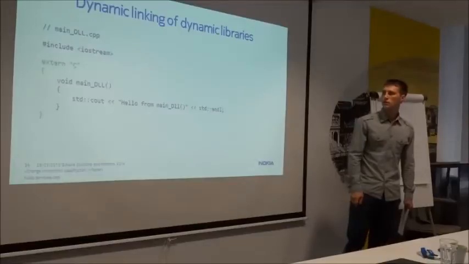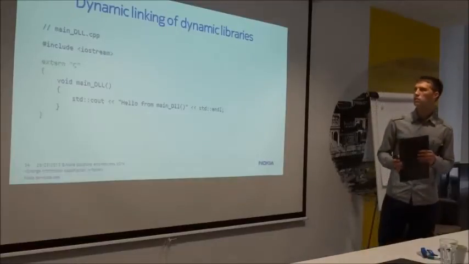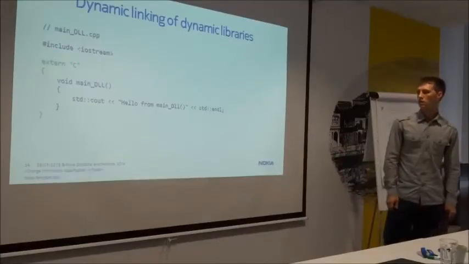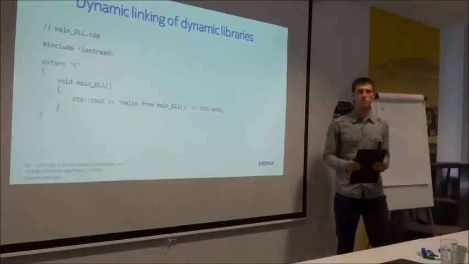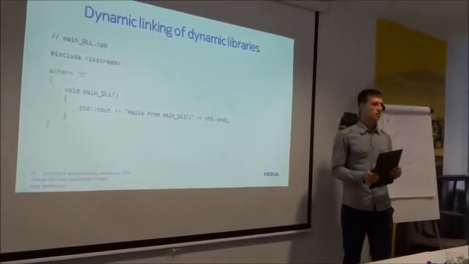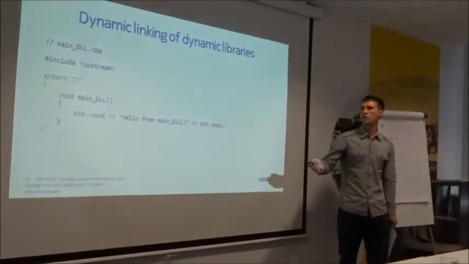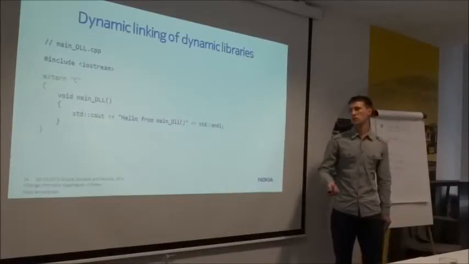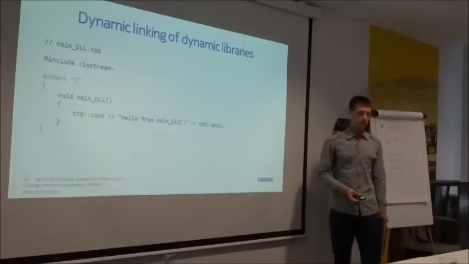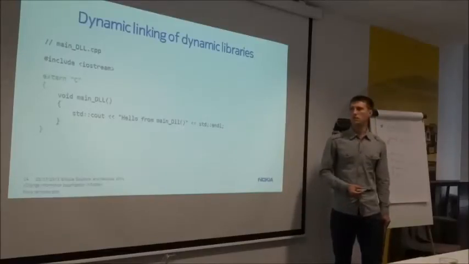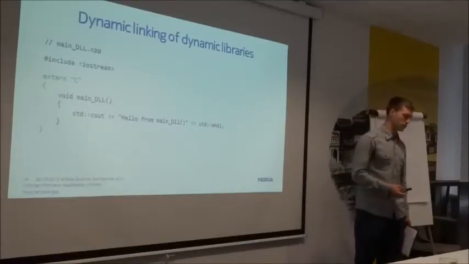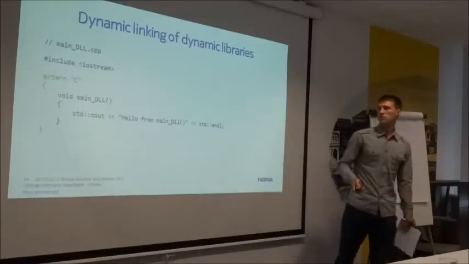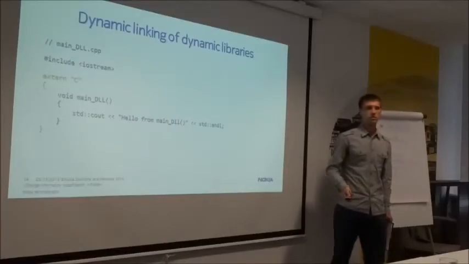So here is the same example, but the difference, as you can see here, is extern "C". I also assume that you all know what extern "C" means, but simply, in C++ there is such a feature as name mangling, or name decoration. Because in plain C there were no features like namespaces and function overloading, there was simply no need to mangle or decorate names.